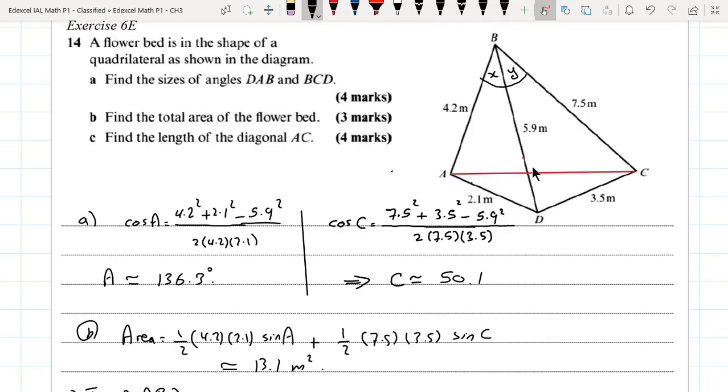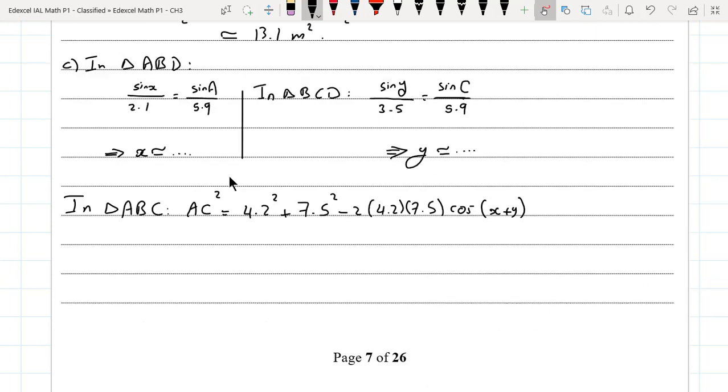Then in triangle ABC, we can apply the cosine law to get the length of AC. AC squared is equal to 4.2 squared plus 7.5 squared minus 2 times 4.2 times 7.5 times cosine B, which is x plus y together.